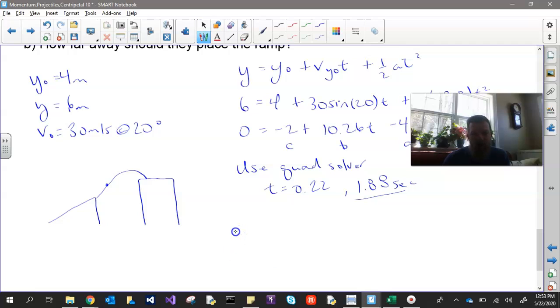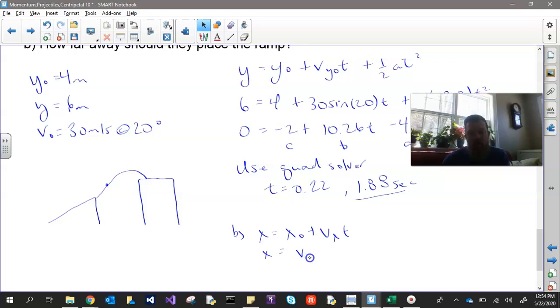We want to find the range. So part B is how far away does it have to be. x equals x0 plus vxt. So x equals v0 cos theta times t.